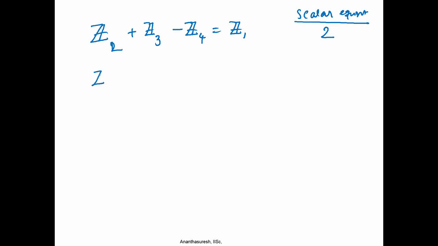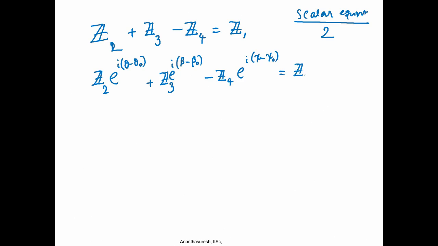Now, we write in the moved configuration: Z2 e raised to i (theta minus theta 0) plus Z3 e raised to i (beta minus beta 0), minus Z4 e raised to i (psi minus psi naught), because of the way we wrote that vector, and that will still be equal to Z1.